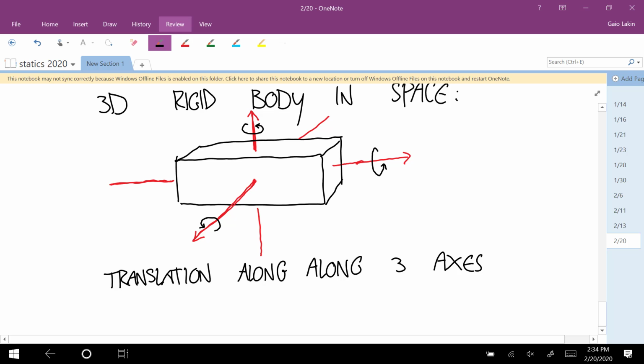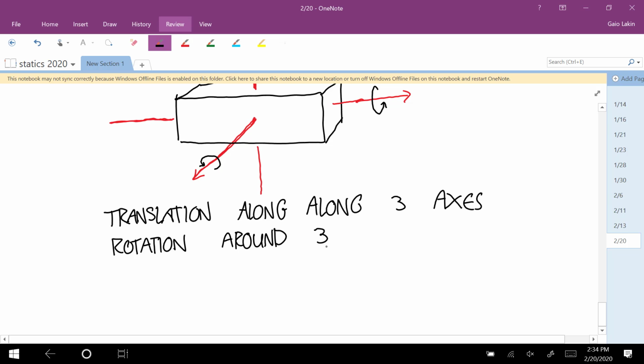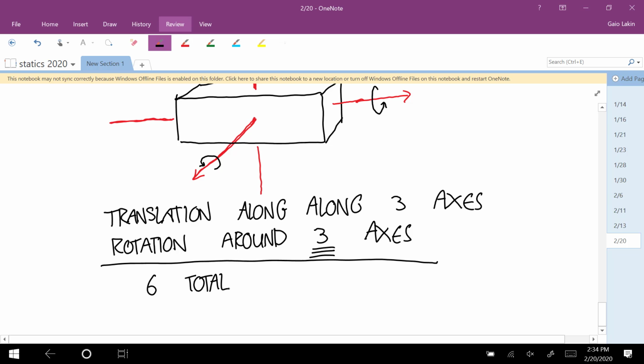Okay, so now you can have rotation around 3 different axes. And so altogether, this says that there's 6 total degrees of freedom.